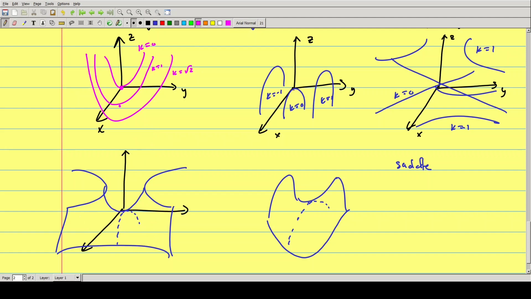Here, I have those parabolas that are opening down, and also the hyperbolas.